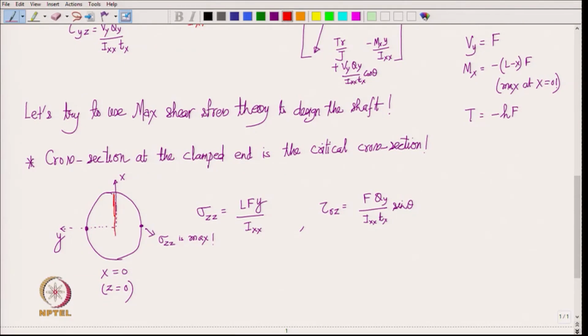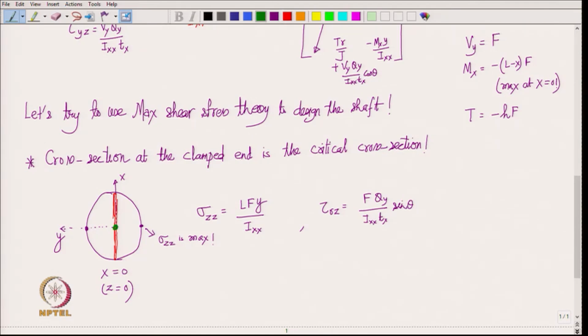So, everywhere on this line we have tau r z getting maximum due to Q y, but then you also see it is multiplied with sin theta, right. So, when theta is equal to 90 degrees, that is when tau r z becomes maximum, and so that is the point only at the center.